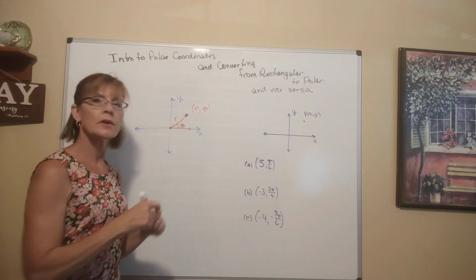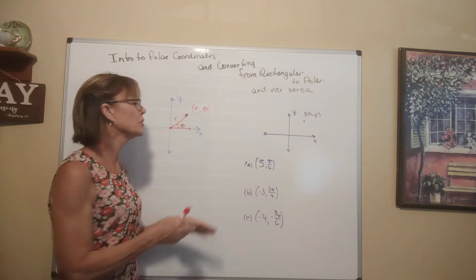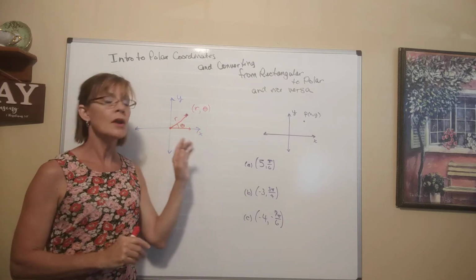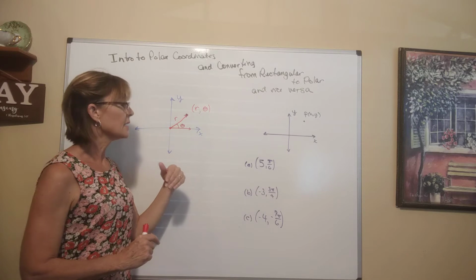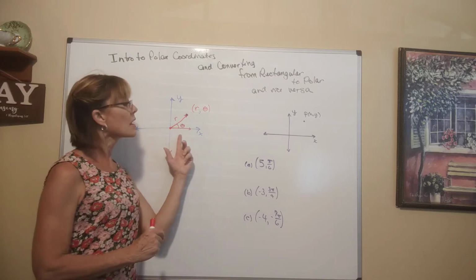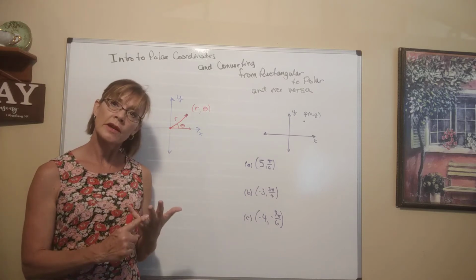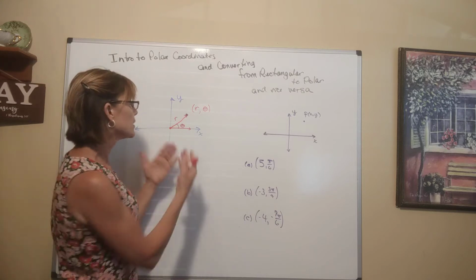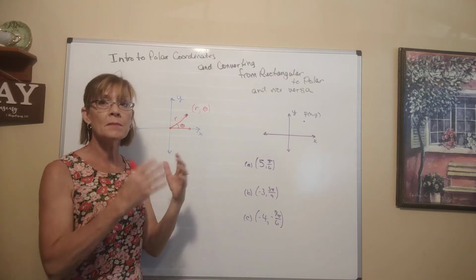With our same convention, when you are moving counterclockwise, the angle is positive. When you're moving clockwise, it's negative. We can describe this angle in radians or degrees as a positive or negative angle, and for that reason we could describe this point in space many, many different ways.